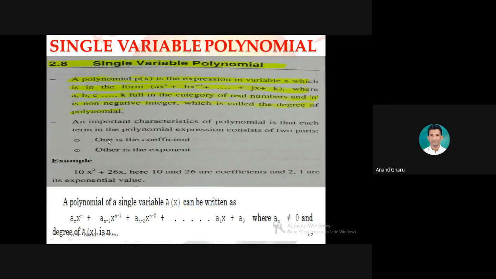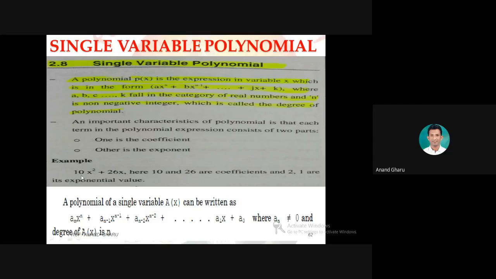Okay, there are two parts: one is the coefficient, another is the exponent. As I told you, a and b are the coefficients. A is the coefficient, n is the exponent. B is the coefficient, n minus 1 is the exponent.